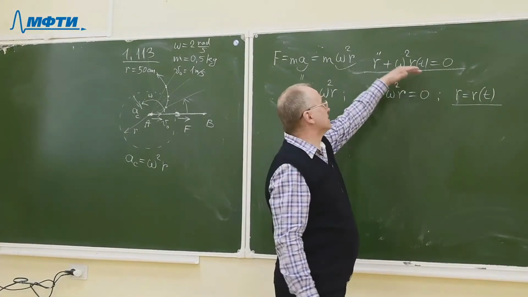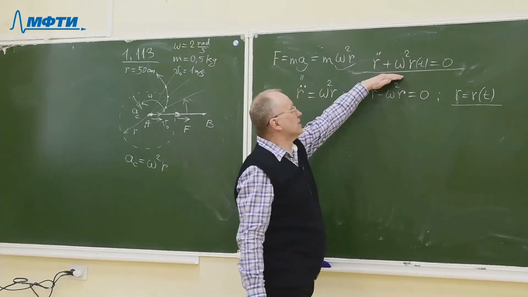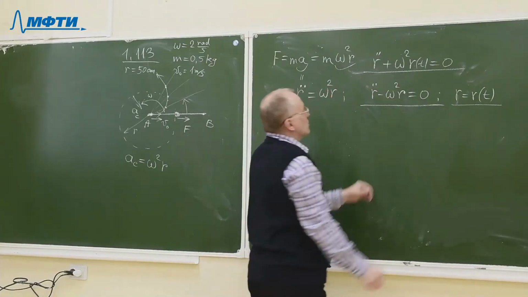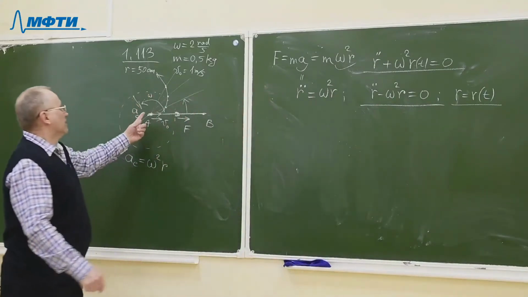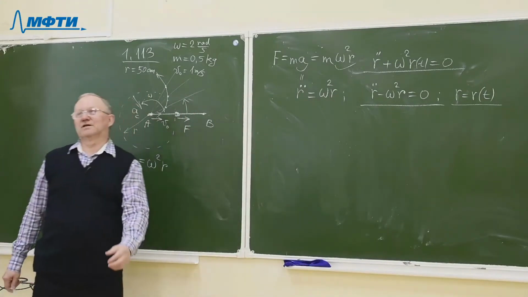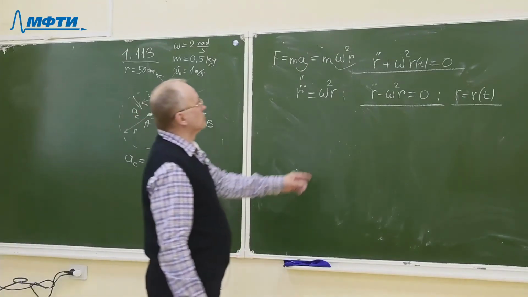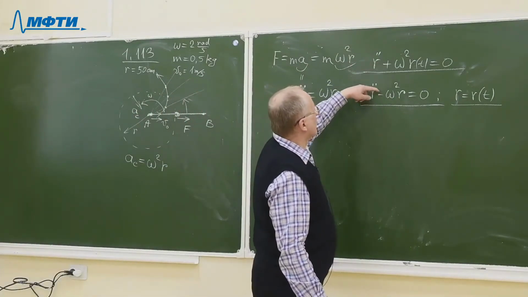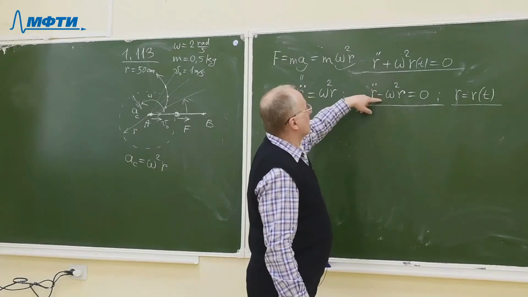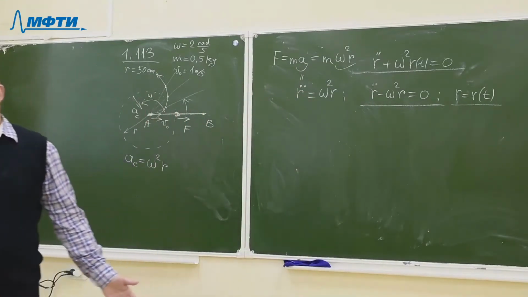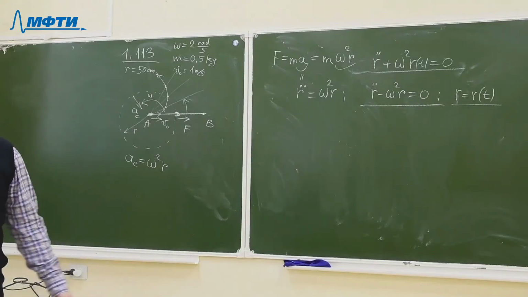We discussed it. And this is another differential equation which defines the motion of this ring along the rod. It differs from the equation of harmonic oscillation only by the sign of the second term here. And the solution will be different, certainly, not cosine and not sine, but something different.